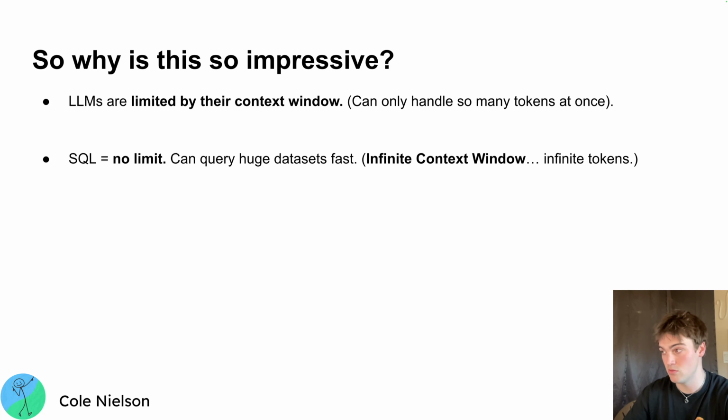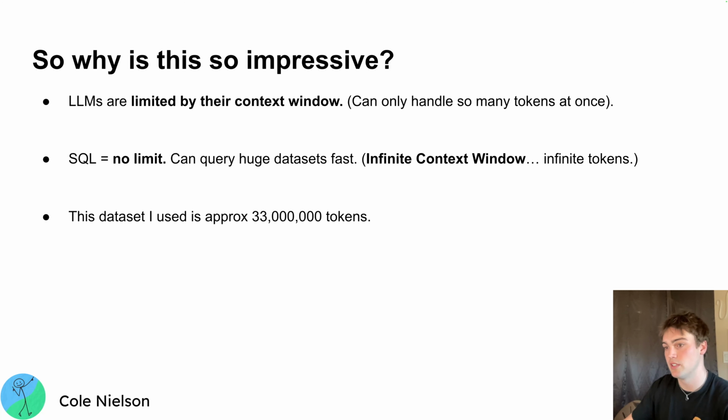Just to be clear though, SQL doesn't actually have a context window and doesn't use tokens. I'm just using that to keep things simple. It's more of a math structure. The data set I use is approximately 33 million tokens.